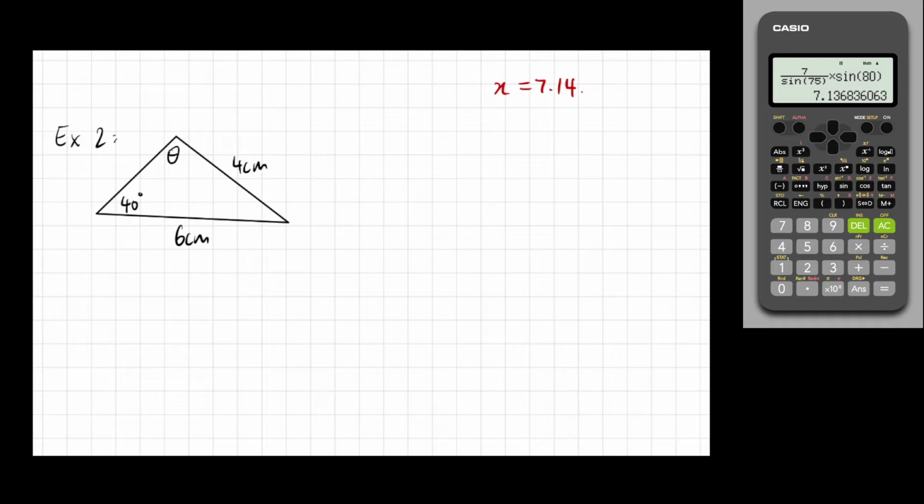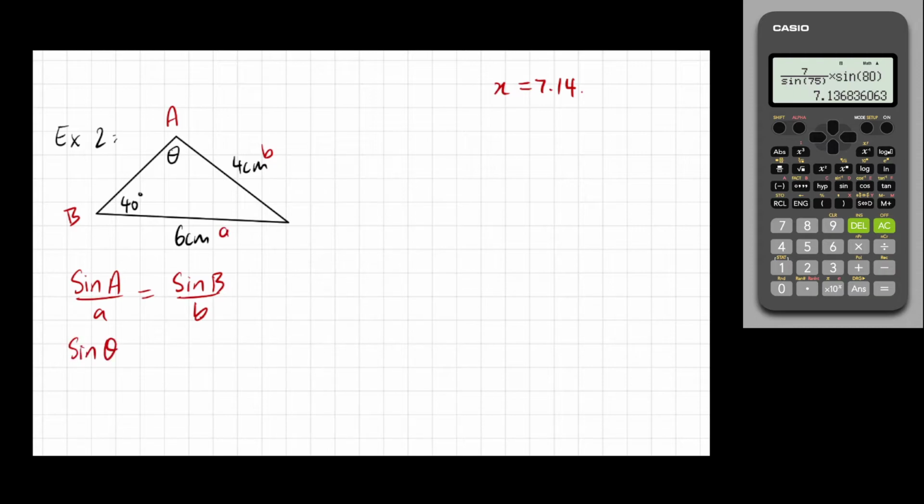So we're going to write our sine rule out like we did before, but this time, instead of writing a on sine A is equal to b on sine B, we're going to do it the other way around. We're going to write sine A on a is equal to sine B on b, and we're allowed to do this. Now I'm going to label my triangle. I'll call this corner my A corner, this corner my B corner, and so the sides opposite are little b and little a.